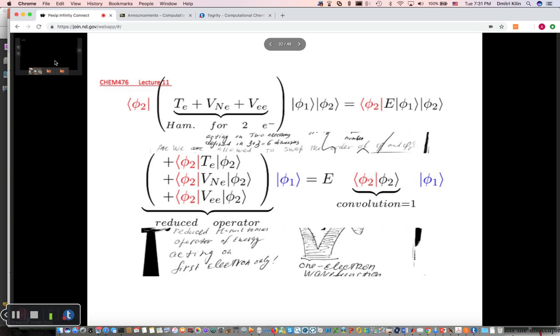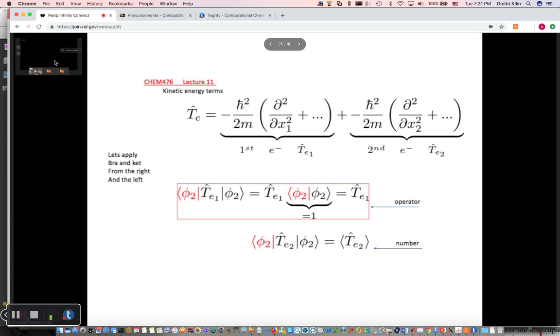Right now we only multiply the left and right parts of the equation by phi2 from the left, to integrate away the dependence on phi2 and get an equation for phi1. Got it, okay, good, thank you.